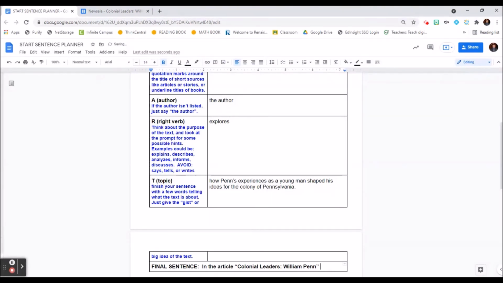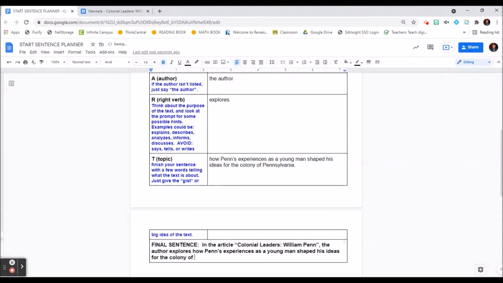So in the article, Colonial Leaders, William Penn, the author explores how Penn's experiences as a young man shaped his ideas for the colony of Pennsylvania. So it should be a pretty quick, simple, straightforward way to form that topic sentence.